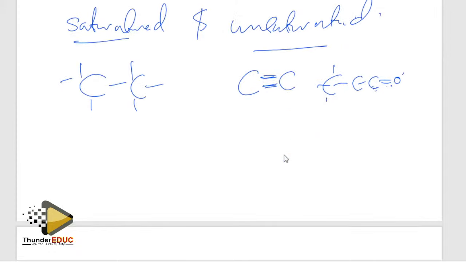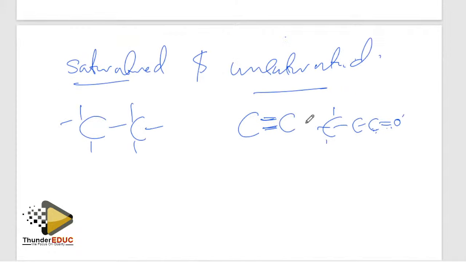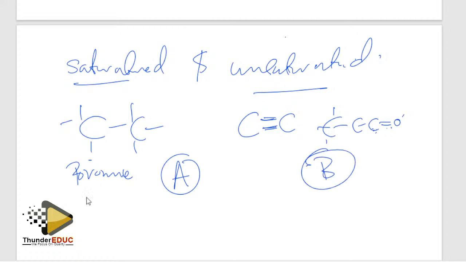Then, how do I differentiate between a saturated compound and an unsaturated compound? What they do is, we will bring bromine water. And then we say that you have compound A and compound B. Compound A will decolorize.